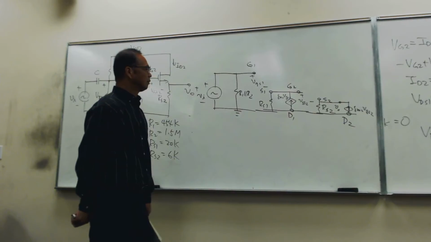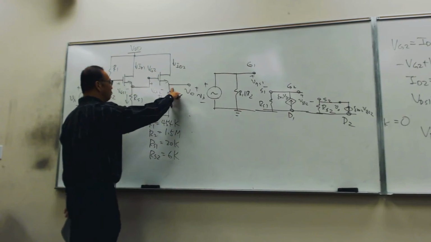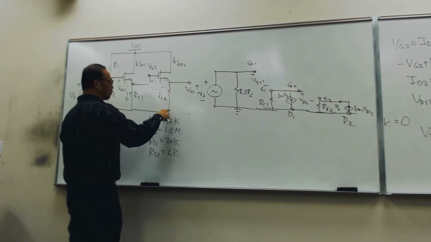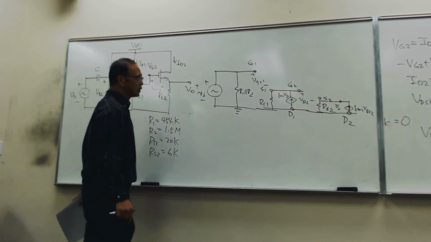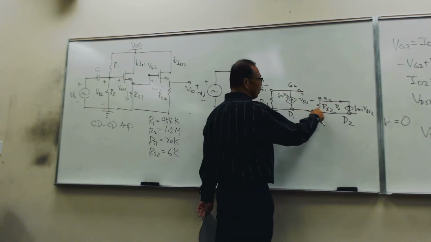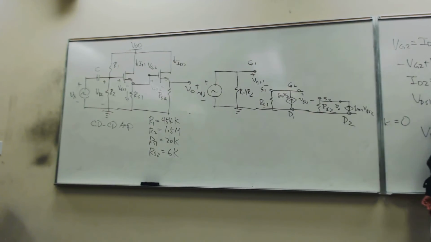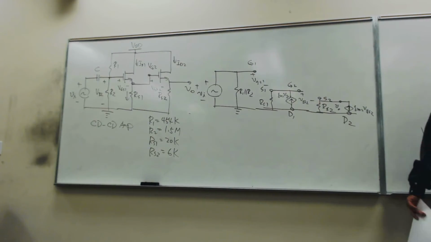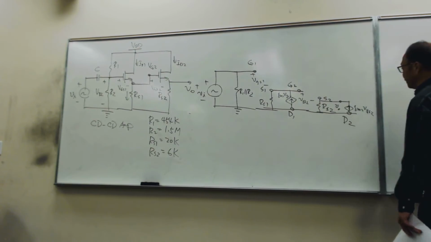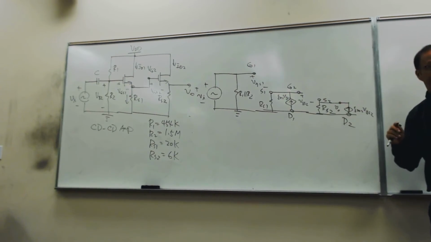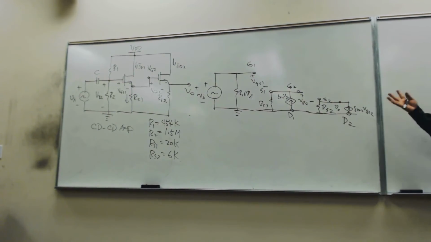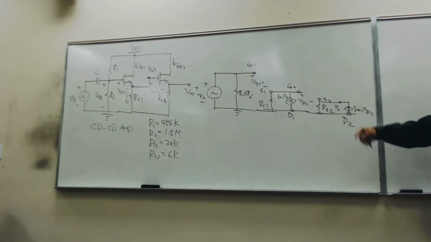It looks like VL is from this to the ground. Basically, it's the voltage across RS2. I did not really optimize the circuit, I could make it look prettier. I did not do that, but that's basically what it is.